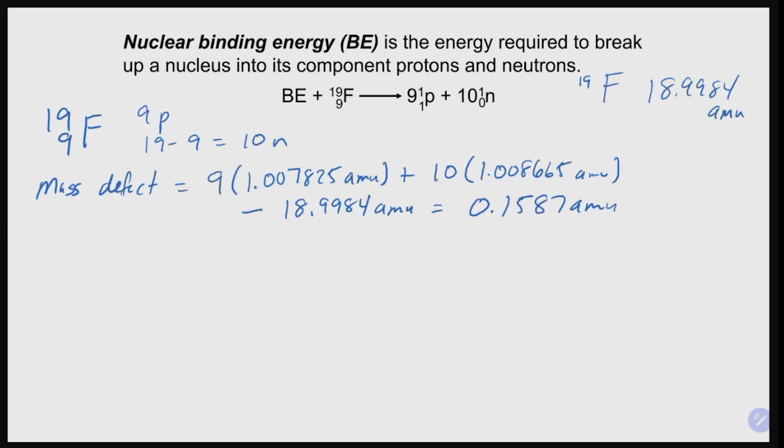That is the difference in mass between the protons and neutrons that are in the nucleus and the mass of the actual isotope itself. That little mass is going to be converted into energy through this process.